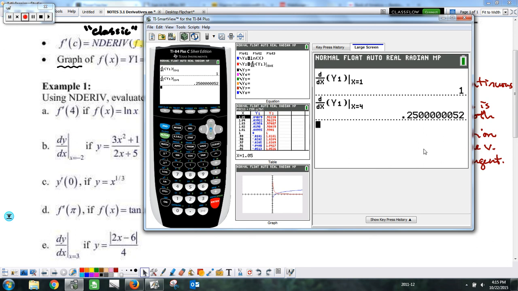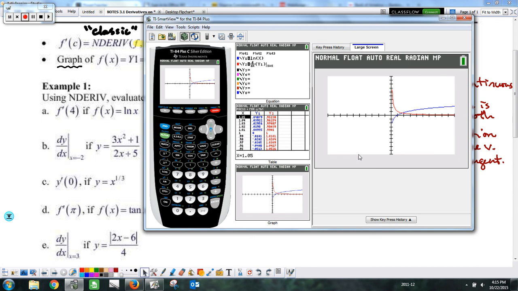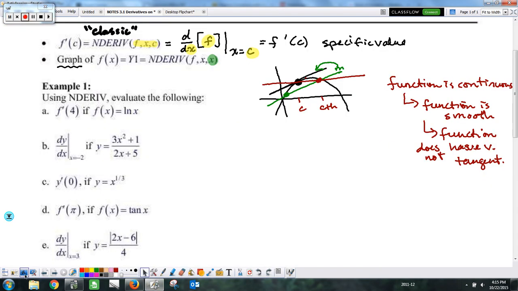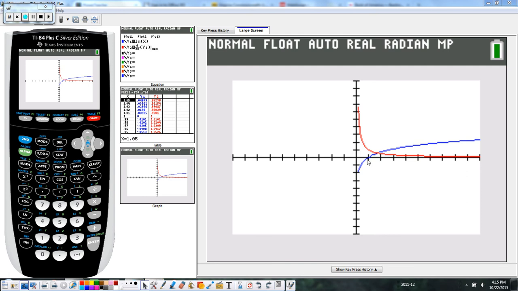Now, remember, this is an estimate. What the calculator is actually doing is taking a look at this graph, and over here at 4, 1, 2, 3, 4, here's the point at 4.